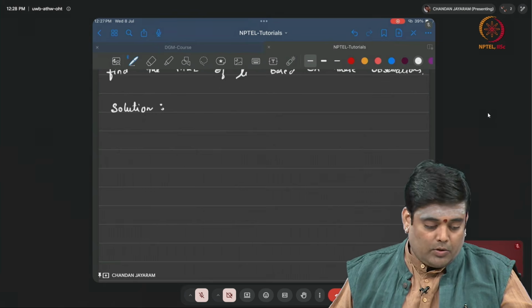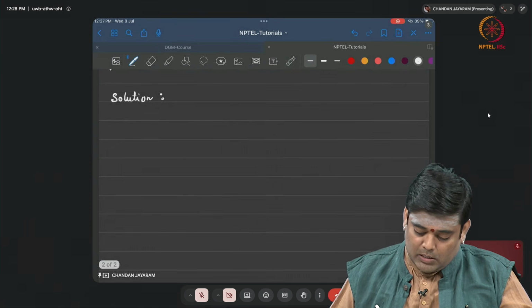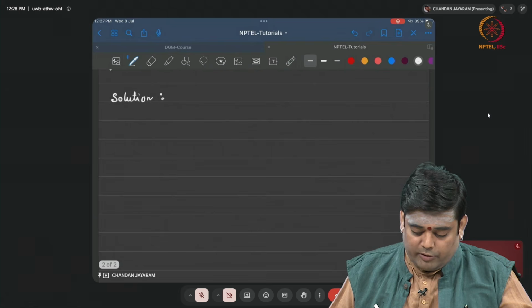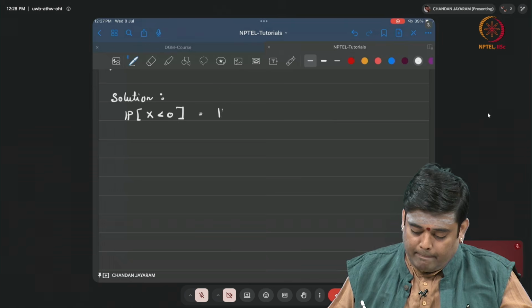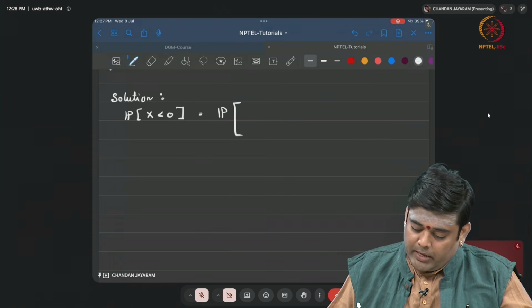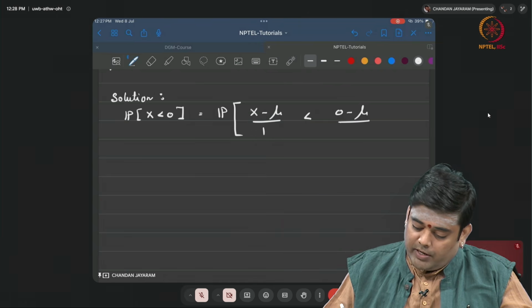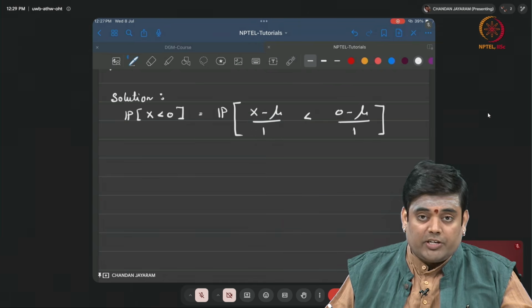We know that the probability of x taking a value less than 0 is the probability that (x minus mu) divided by 1 is less than (0 minus mu) divided by 1. Here the standard deviation is 1.